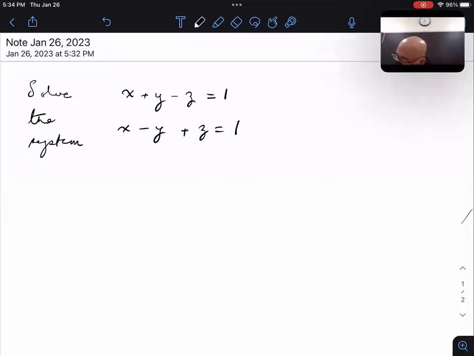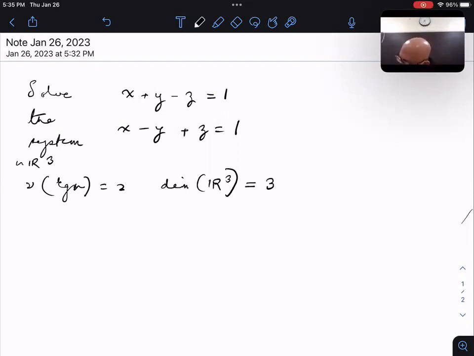talking about that anymore. So number of equations is equal to 2 in R3. We are solving this in R3. So dimension of R3 is equal to 3.